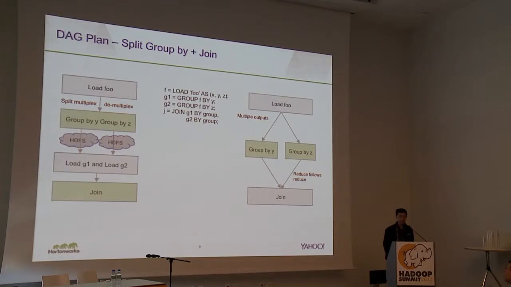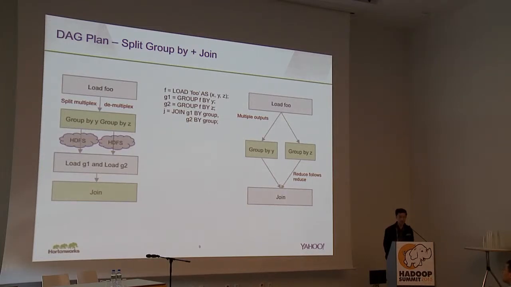Typically, we require 3 MapReduce jobs to do that in MapReduce. The first MapReduce job does the first group by, the second does the second group by, and the third does the join. But Pig has an optimization called the multi-query optimizer, which can combine the first 2 group by together. So we end up with 2 MapReduce jobs.